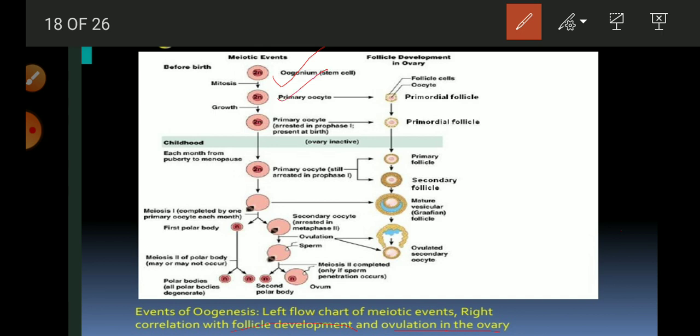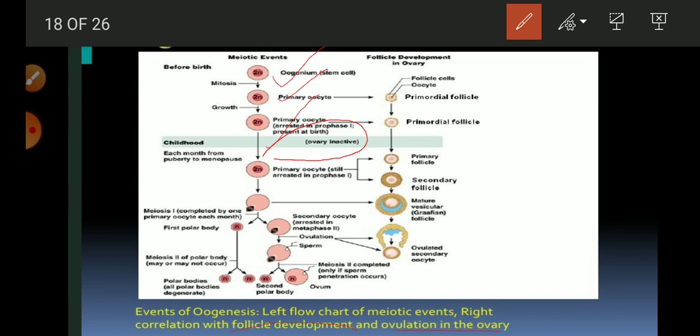After mitotic division and further growth, it becomes the primary oocyte. Here, the ovaries are inactive at first. The primary oocyte is arrested in the prophase stage.